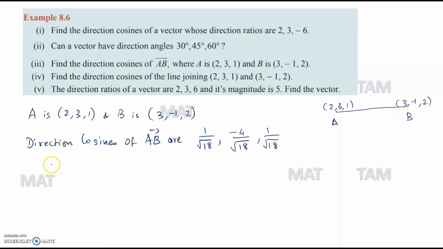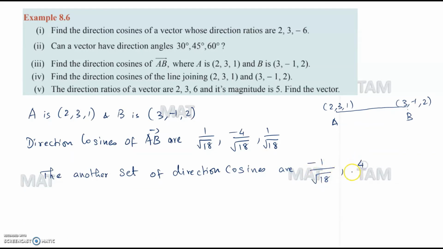So, the other set of direction cosines are minus 1 by square root of 18, 4 by square root of 18 and minus 1 by square root of 18.